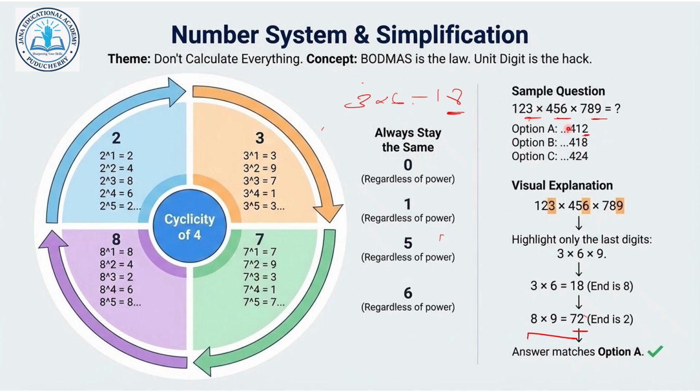If it is like that, 3 6 9, you have to multiply: 3 into 6 is 18, last number will be 8, so multiply 8 into 9, 72, it ends with 2. So in the given options, which one ends with 2? 412. Like that you can easily identify using this number system method.